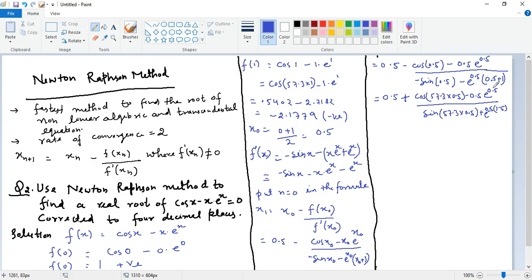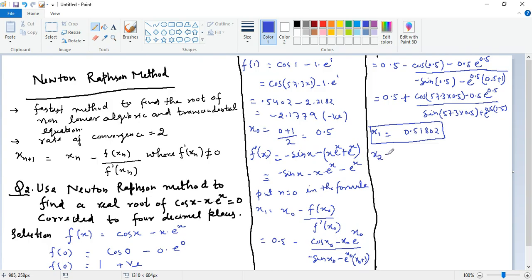If we add these two terms, it will become 1.5. Then we will calculate this expression, these values. Then we will find the value of x1 is equal to 0.5180. Right. Now we have to find out the value of the next root, means x2.